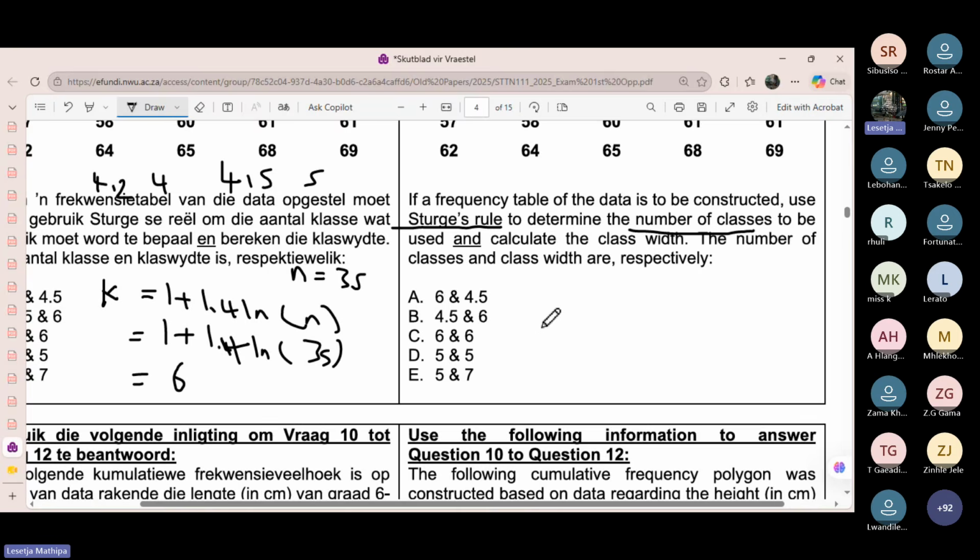So now let's calculate the class width. The class width is equal to range divided by k. So what will be the maximum number? 69. The maximum number will be equal to 69. So what about the minimum number? 42.